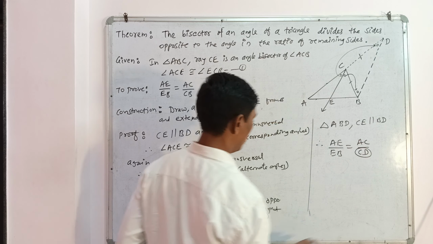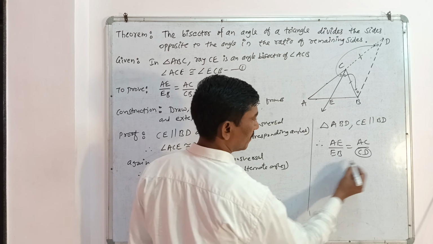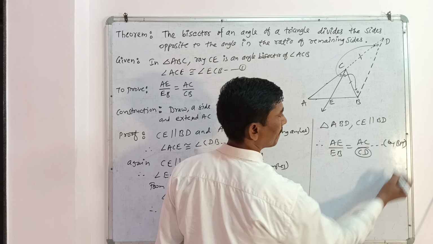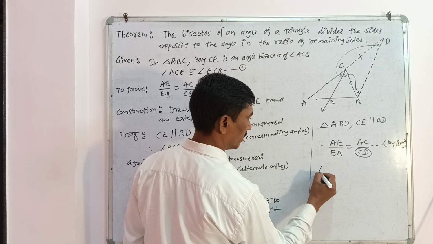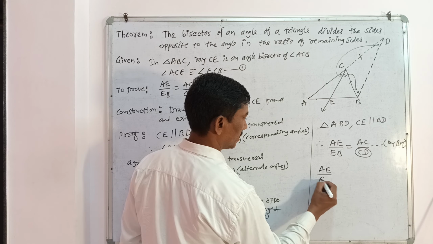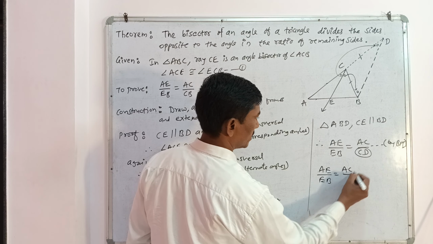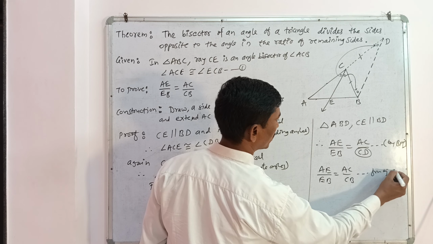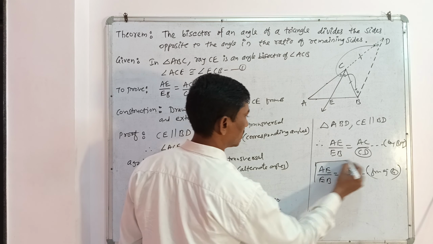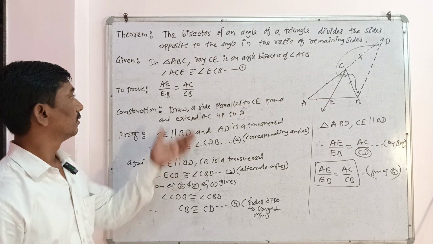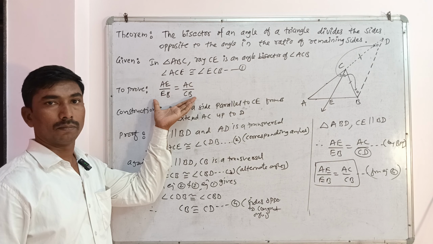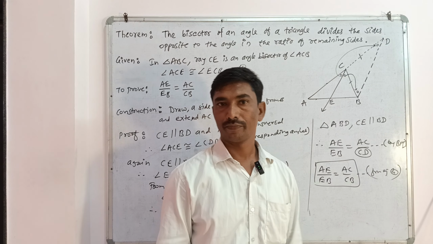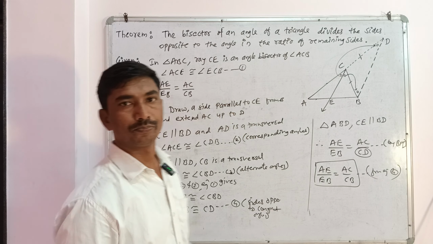Now this CD we can replace with CB, isn't it? This was by BPT. So we have to change here CD with CB from equation 4, and this is nothing but our aim, isn't it? AE by EB equals AC by CB. We got the aim. Okay.